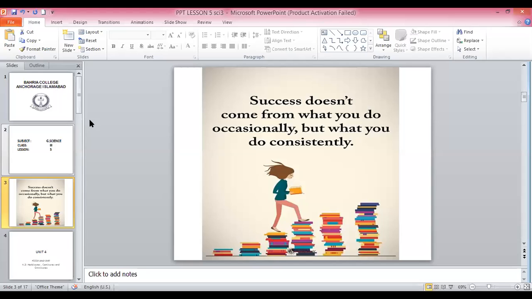And once it becomes your daily routine, definitely you are going to be successful by the end of the term, right? So remember that you have to work hard on a daily basis to be successful for anything that you want to achieve.